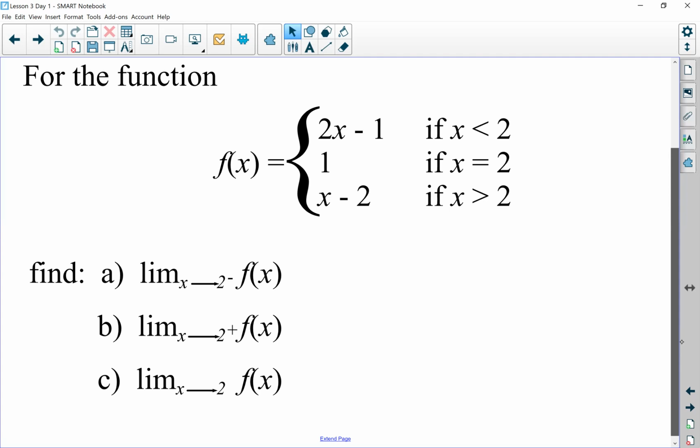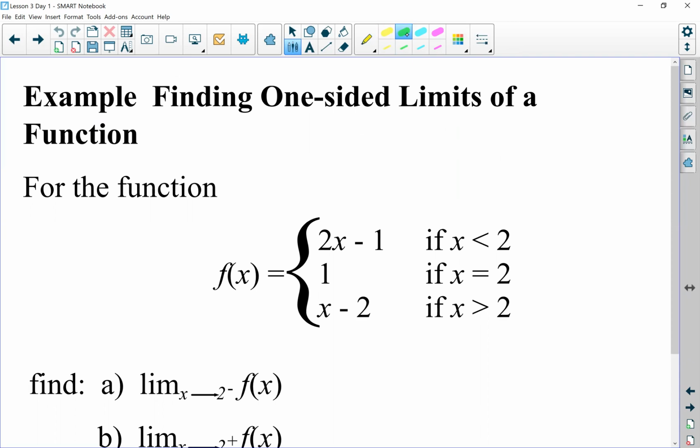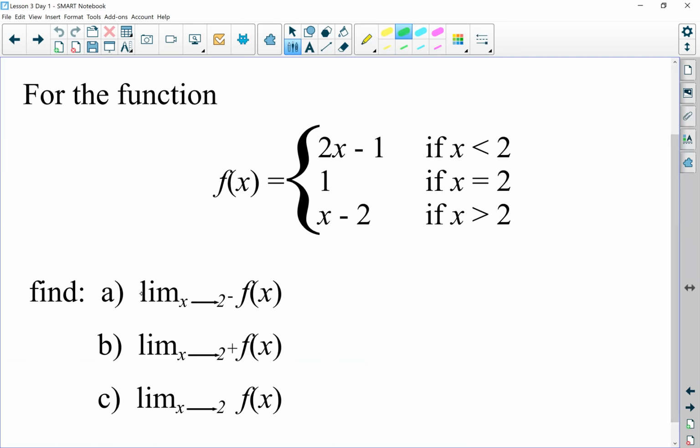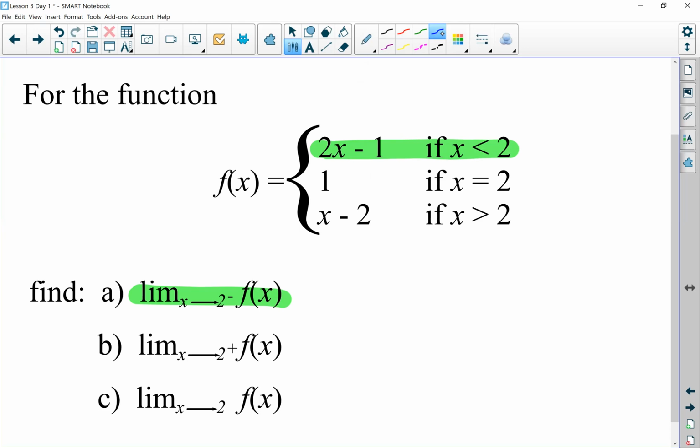So for the limit as x approaches 2 from the left, we have to use this definition. So this would be 2 times 2 minus 1. Pretty sure that's 3.